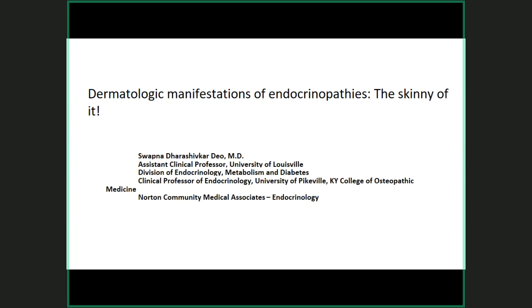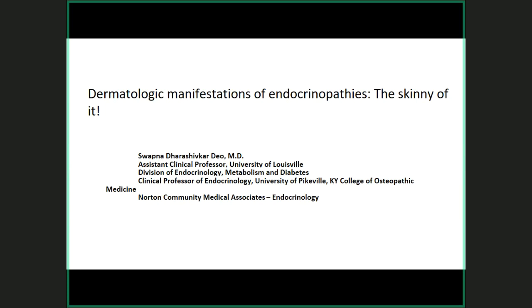The skin, which is an endocrine organ by itself, is a window to a lot of internal pathological conditions. Most endocrine diseases have some kind of skin manifestations associated with them. As such, being well-versed with the skin manifestations might help in early diagnosis and treatment and preventing future morbidity and mortality.